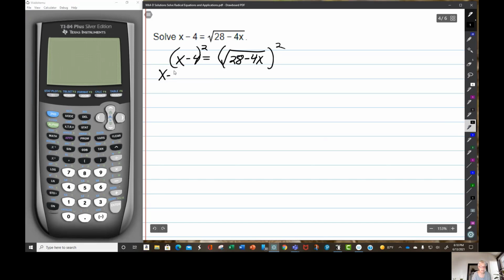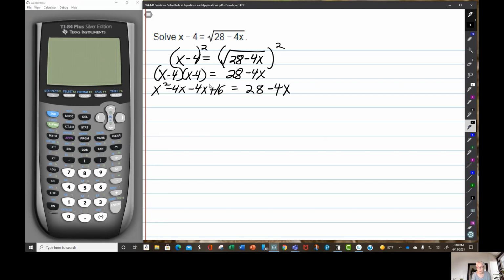That gives me x minus 4 times x minus 4 on the left, and 28 minus 4x on the right. So over here, I'm going to have x squared minus 4x minus 4x plus 16. And on the right, I have 28 minus 4x.